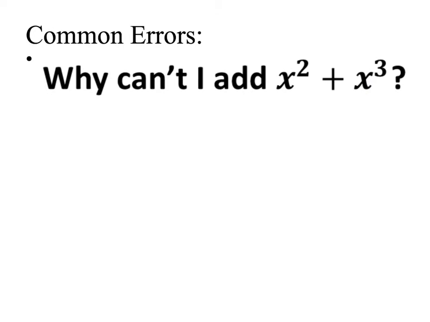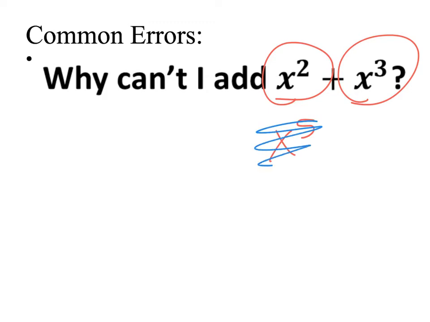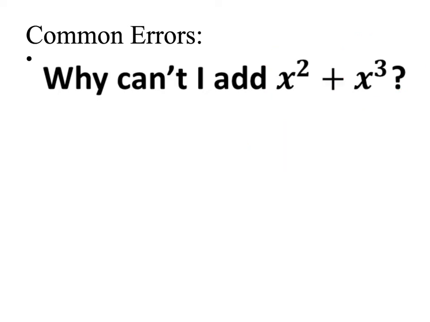The next mistake people will make is they will often think that they can add x to the second plus x to the third and get x to the fifth. Okay, that's wrong. You cannot do that. Remember that when you're multiplying, you can combine anything you want, but when you're adding, you have to combine like terms. So remember that how you tell if things are like terms is you have to look at their variable parts.